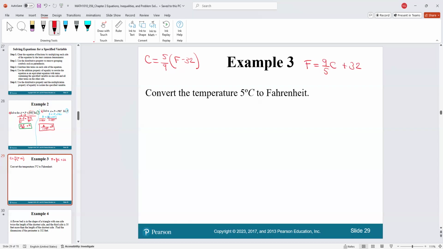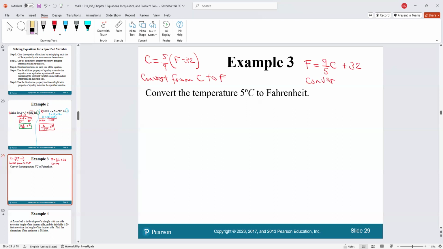Okay, 9 over 5C plus 32. That's how you convert.